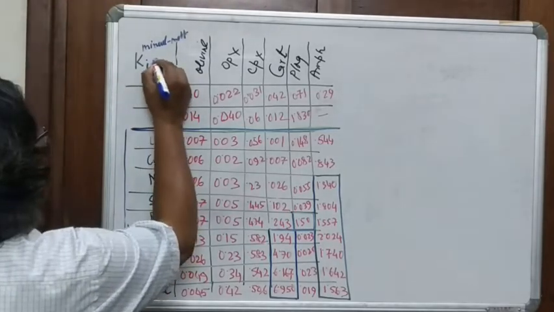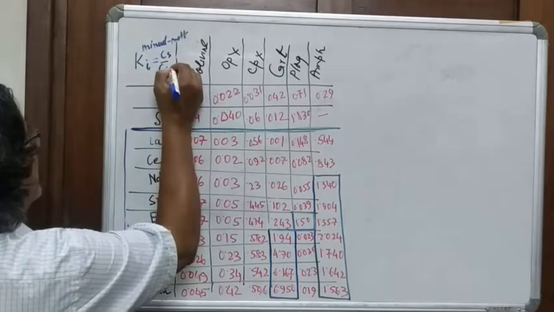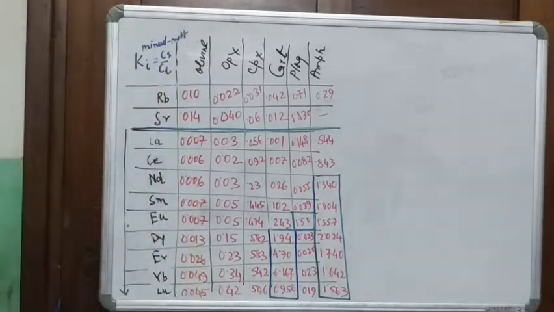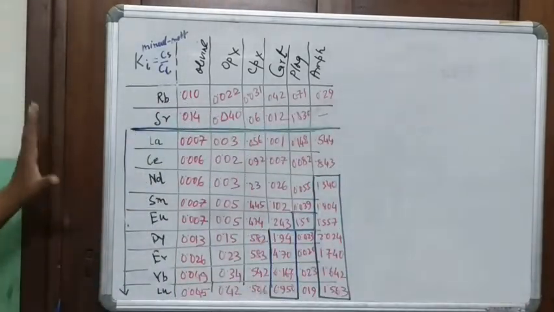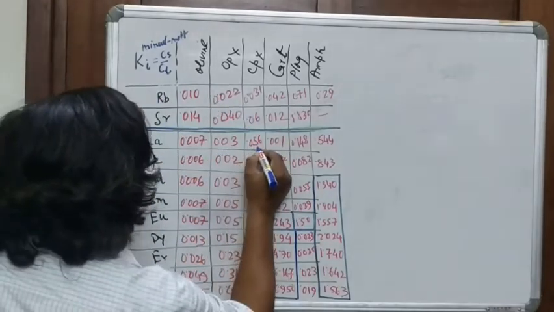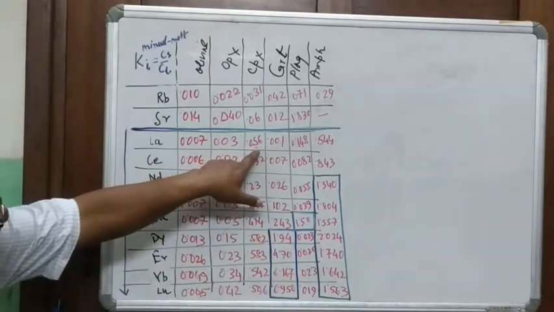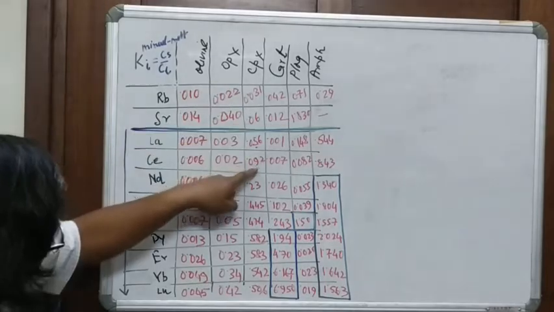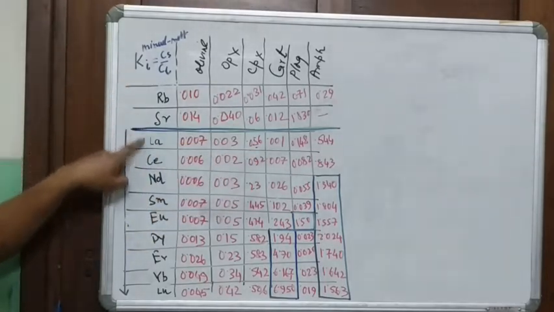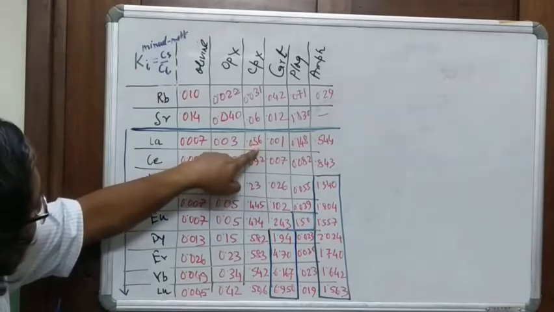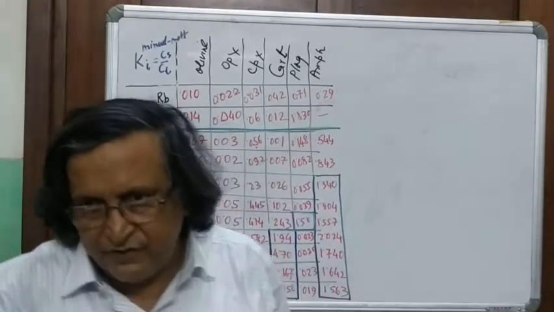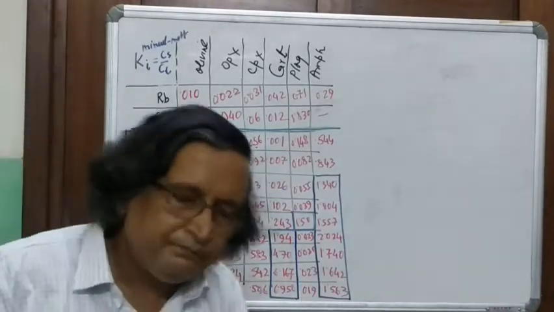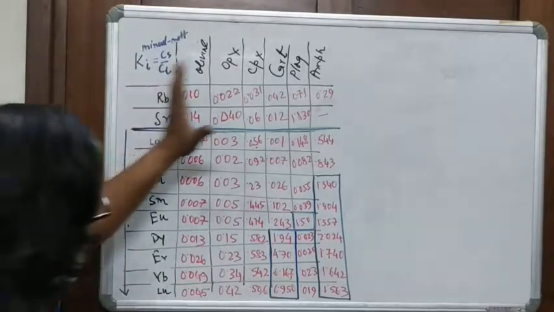Remember, your Ki value is equal to Cs by Cl: the concentration of an element in the solid divided by the concentration of the same element in the liquid. So these are all partition coefficient values. If we take this value, 0.056, it is the partition coefficient of lanthanum between clinopyroxene and melt.